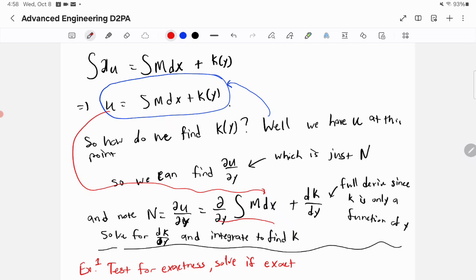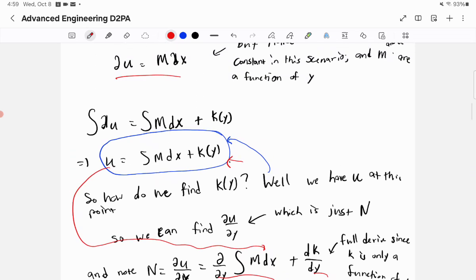We take the derivative with respect to y of the integral here, because we're just distributing the partial derivative through, and we can use this to help us find this function k that we were talking about here. k is only a function of y, notice, because when I integrated it, if it didn't end up inside of the integral with the dx, then it couldn't have been a function of x, right?